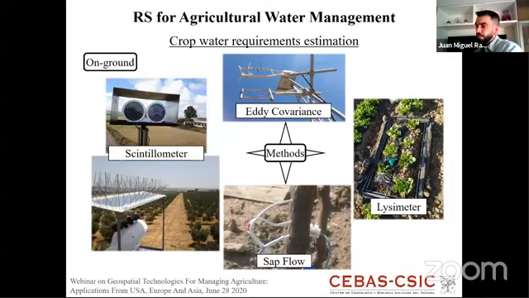Another method is scintillometry. This consists of a transmitter and a receiver, which calculate sensible heat flux through the scintillation of a transmitted optical or radio wave signal in conjunction with standard meteorological measurements, calculating later the latent heat flux as the residual of the energy balance.